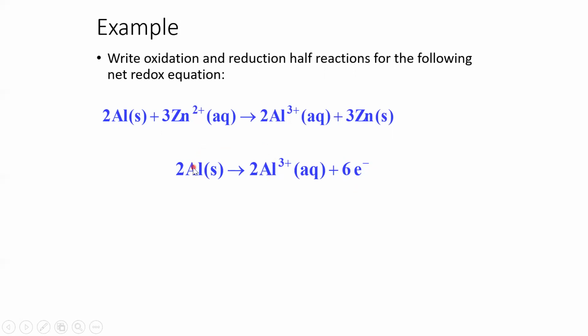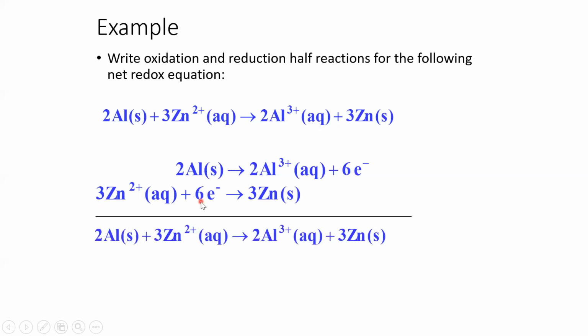So if there are 2 of them, we're losing a total of 6 electrons. And if we look at the zinc, zinc is going from a +2 to a 0. Each zinc ion is gaining 2 electrons. That's why we have 3 zinc ions. So we have a total of 6 electrons being gained in the reduction, 6 electrons lost, 6 electrons gained. We have our balanced equation.